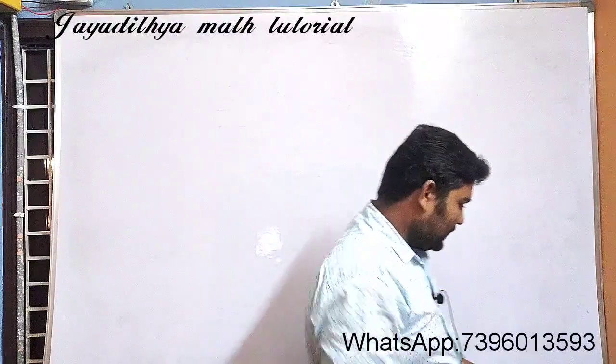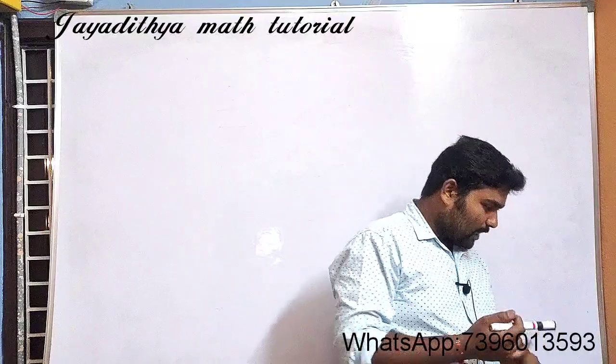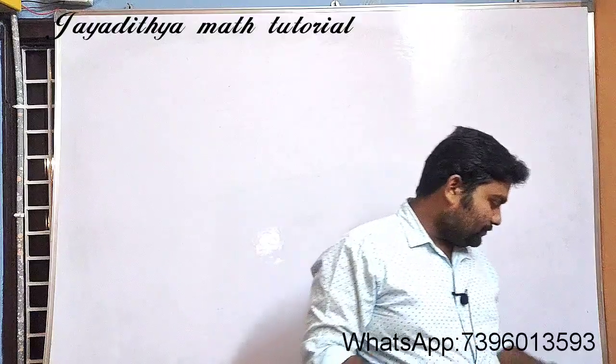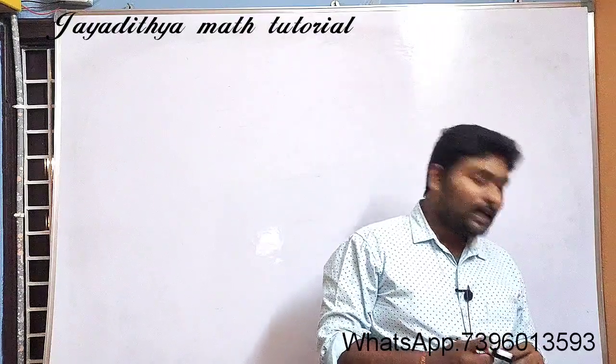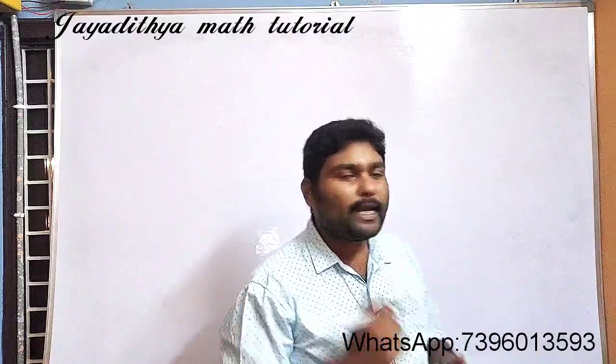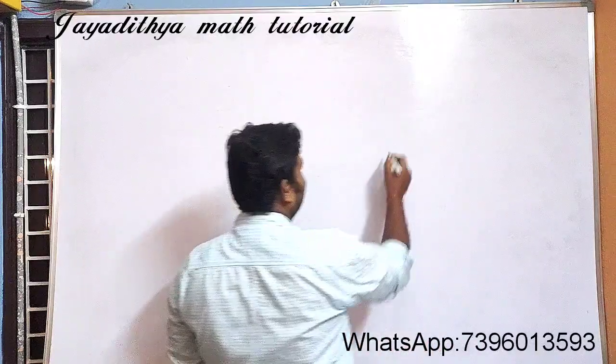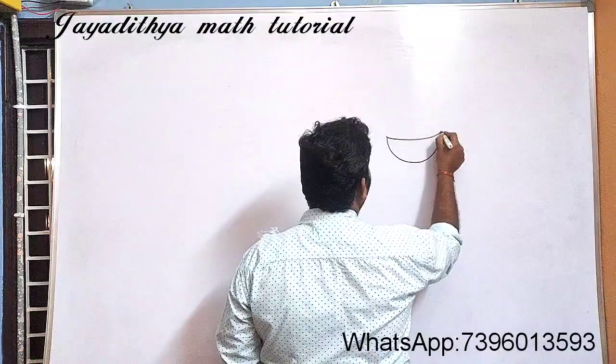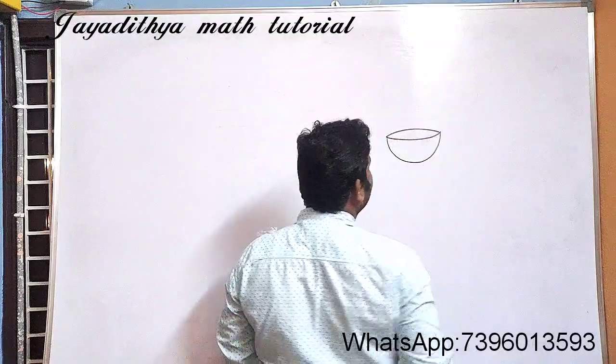Okay, now let us start doing our problems. The first problem is like this. A toy is in the form of a cone mounted on a hemisphere. There is a toy now. So there is a hemisphere.